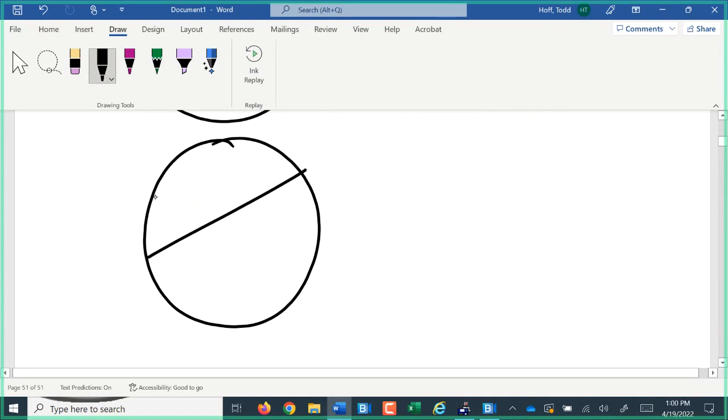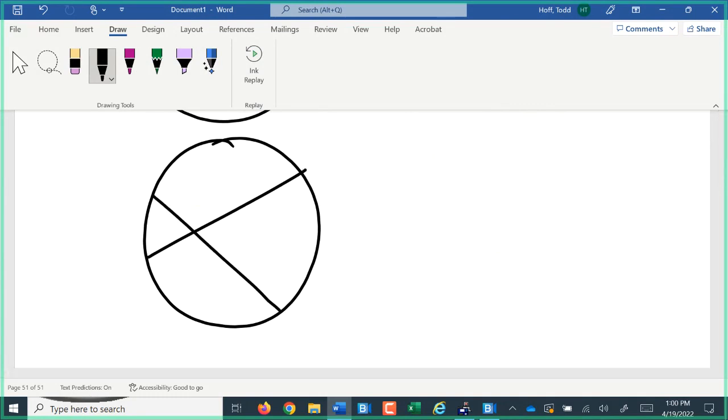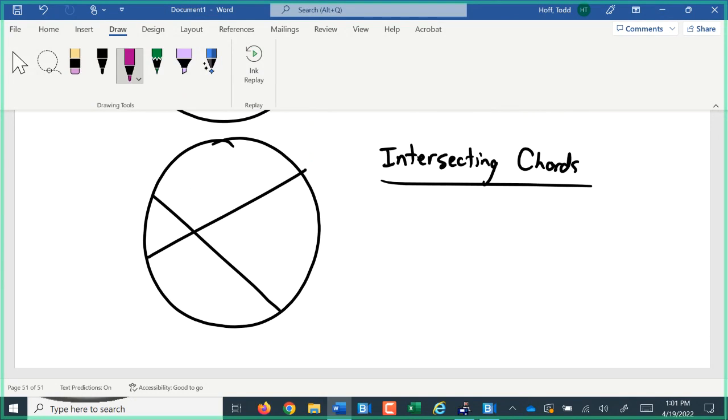If chords intersect, they do some really interesting things. First thing with intersecting chords is they cut each other into predictable piece sizes.